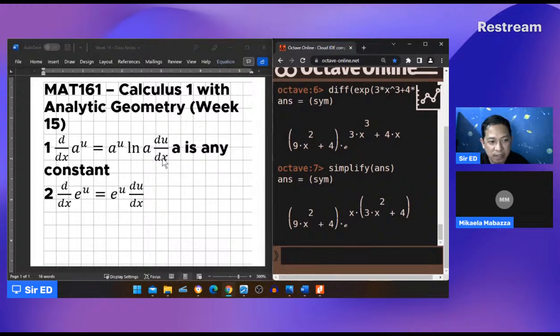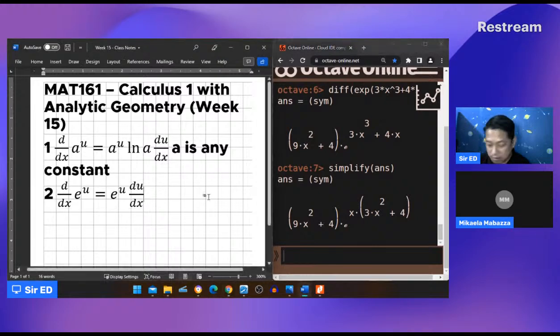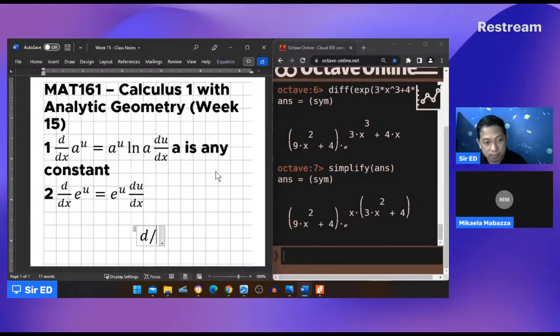Okay, so sige, I'll try to derive that, yung e raised to x. So based on the definition, we have here a limit as delta x approaches 0, no?